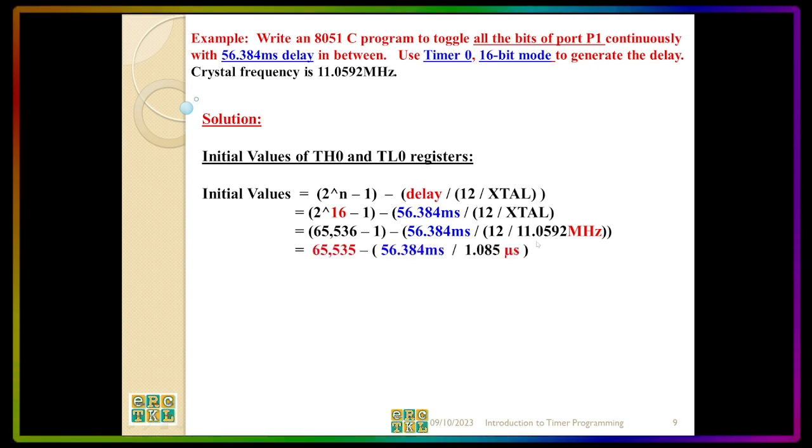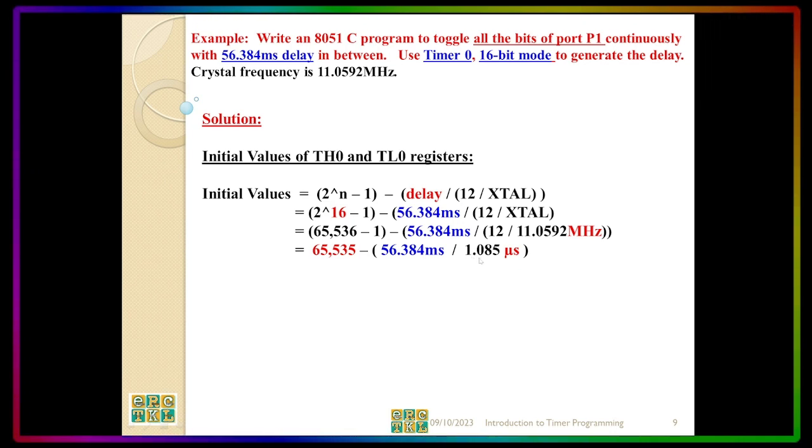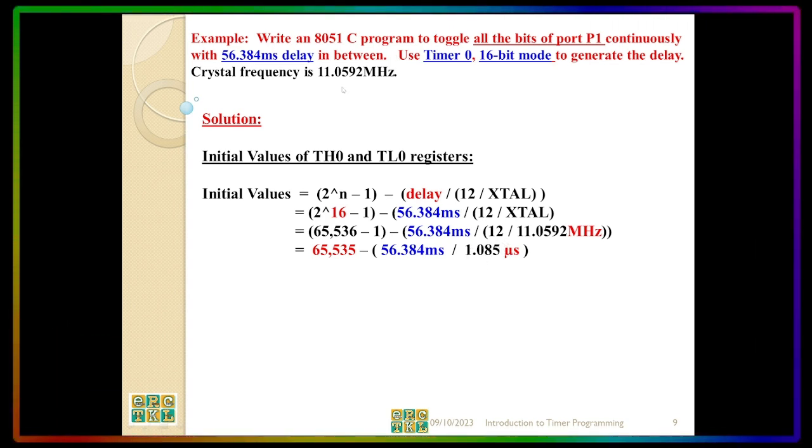Calculating 12 divided by 11.0592 megahertz gives 1.085 microseconds. Actually, this is a constant, 1.085 microseconds, with this value of crystal frequency, which is 11.0592.